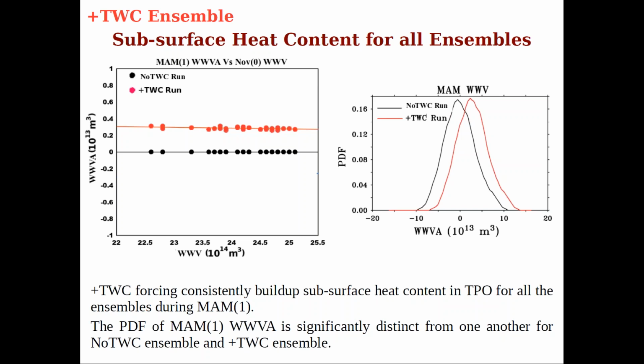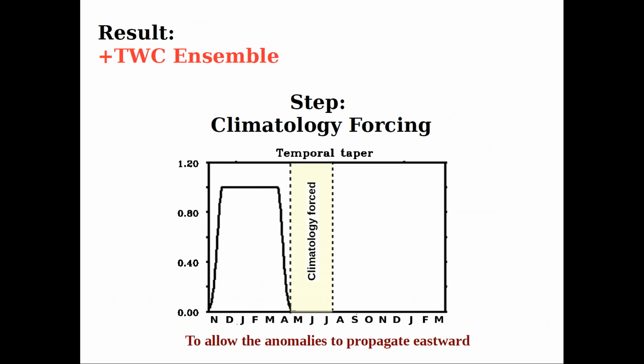You can see that consistently the red, which is the plus TWC run ensemble, is able to generate a positive warm state in the subsurface, and the PDFs of these two runs are distinctly different for the March, April, May warm water volume. So we are able to generate subsurface heat content consistently for all the ensembles.